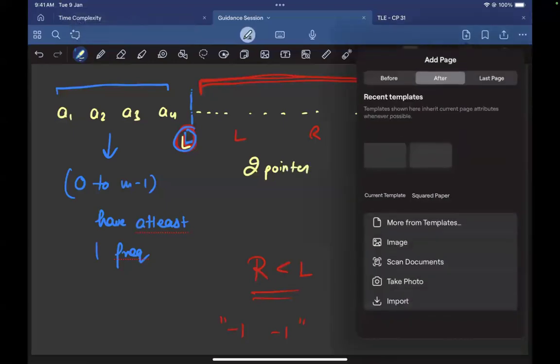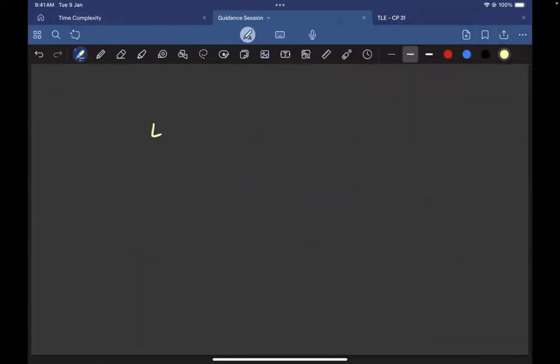What I can do is, I can keep my L over here, my R over here. This is my portion behind, this is my portion after, and this is the portion right now where I start off with. Now I can keep on first of all decreasing R one by one. This is just implementation technique; however you do that is totally up to you. Till where can we decrease R by one?